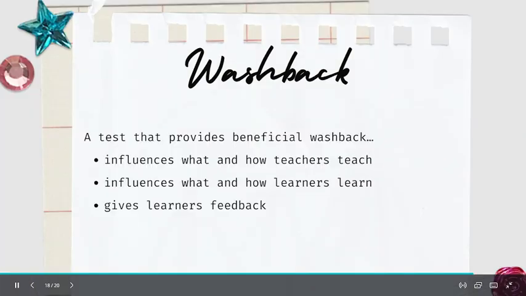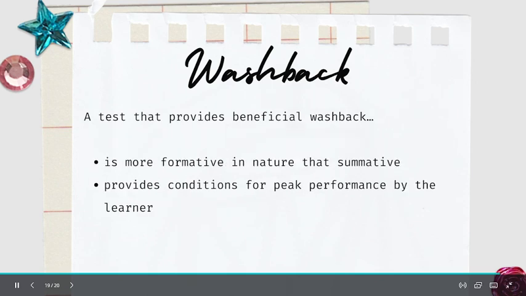A test that provides beneficial washback influences what and how teachers teach, influences what and how learners learn, gives learners feedback, is more formative in nature than summative, and provides conditions for peak performance by the learner.